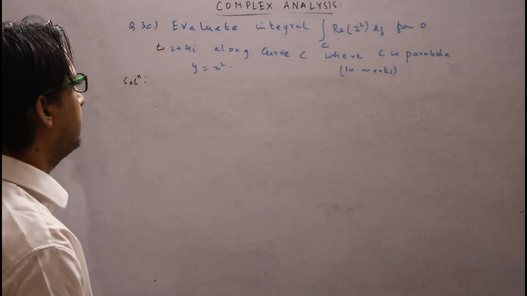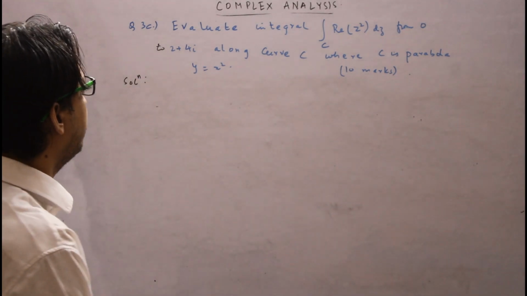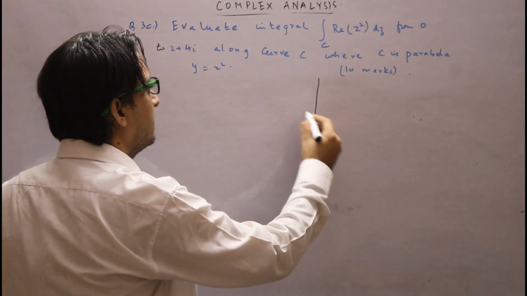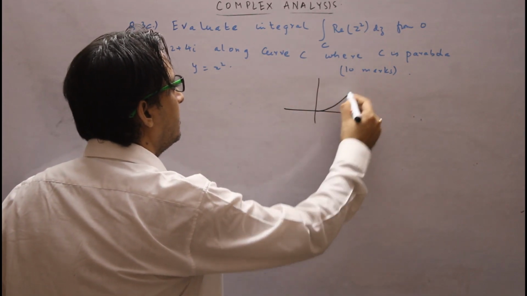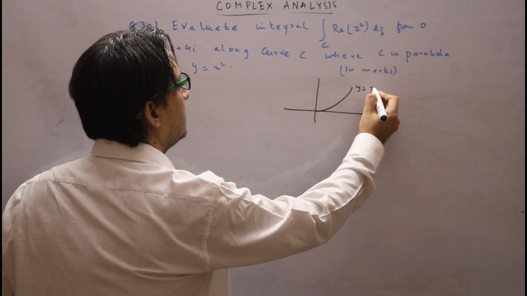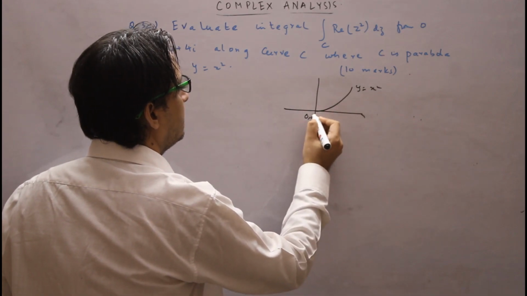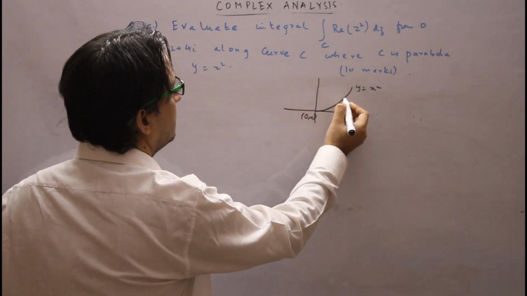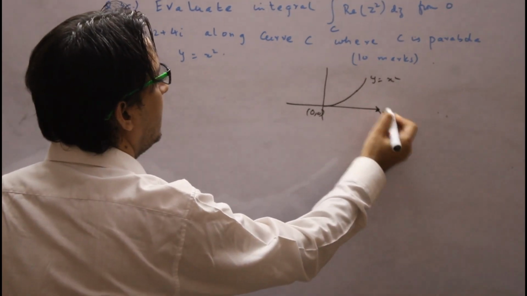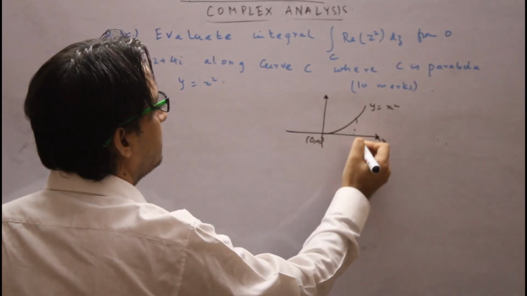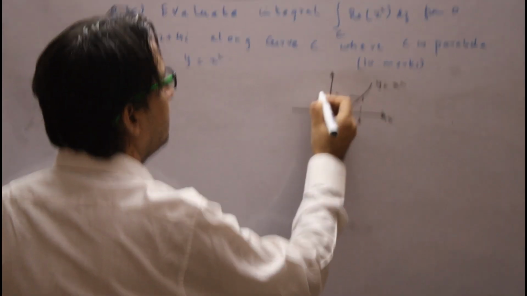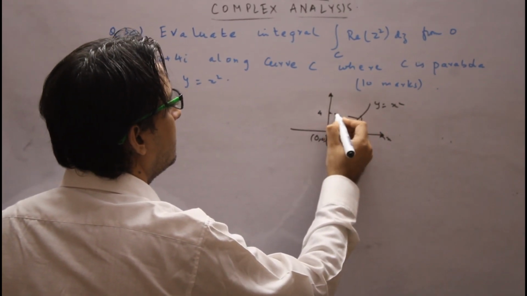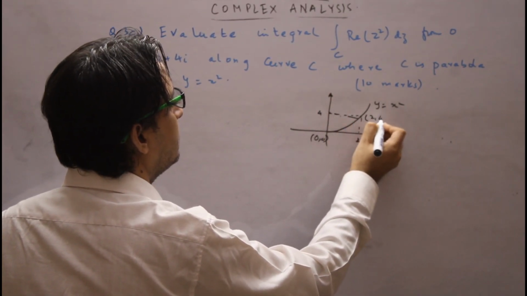and what we have to do over here is, first of all, understand the curve. The curve is the parabola y equal to x square, and it goes from (0, 0). If I draw it on an Argand plane, this is my 2, and if I call this my 4, this is the point (2, 4).